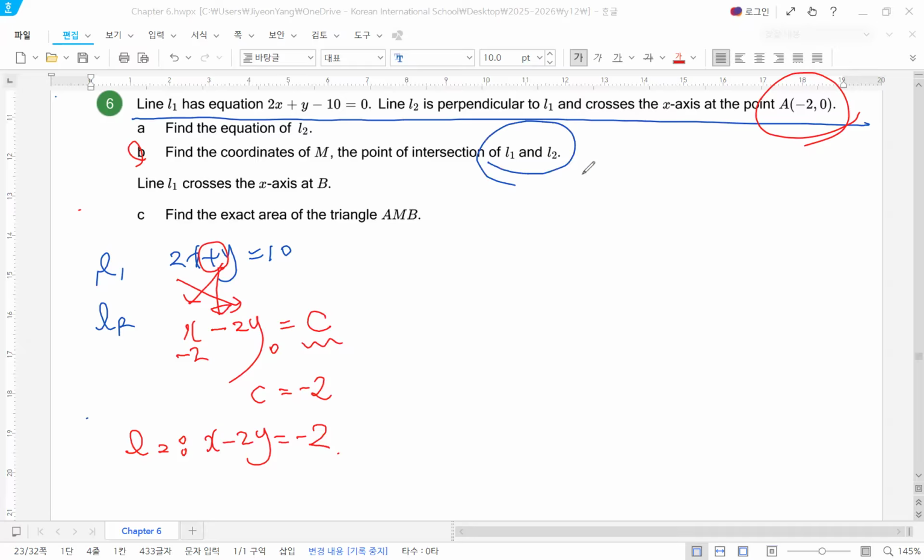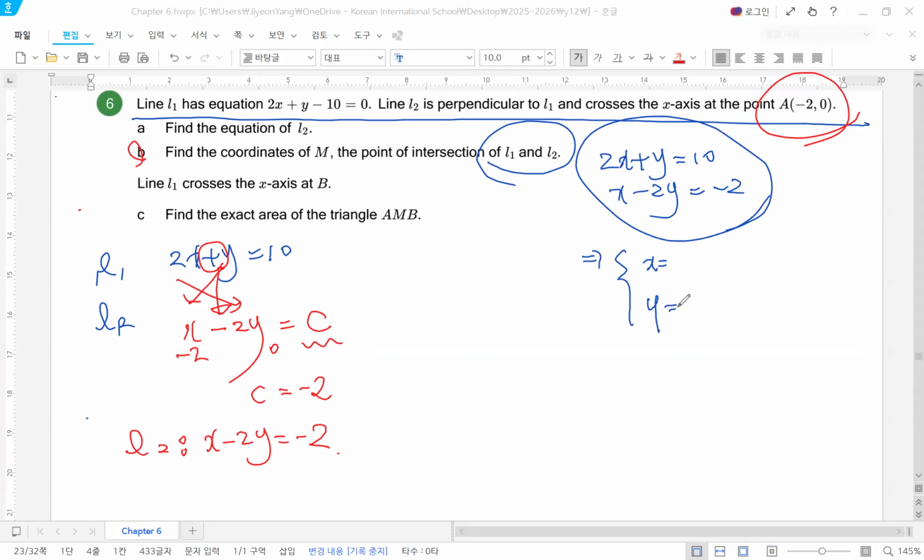Guys, L1 and L2. Again, you need to solve the simultaneous equations, right? By using your calculator, solve these simultaneous equations and give me the values. 18 over 5 and 14 over 5.